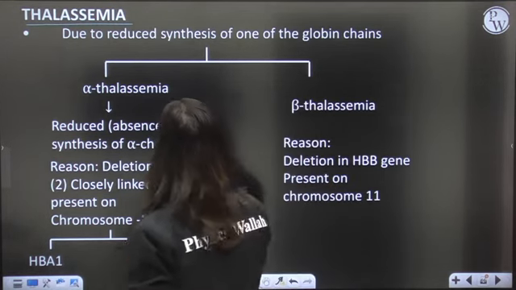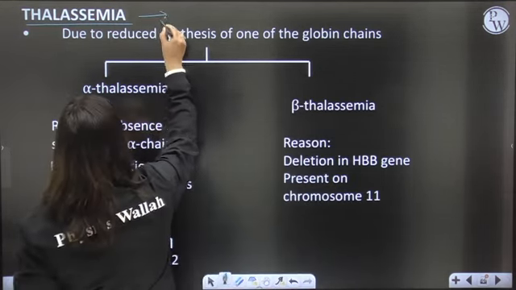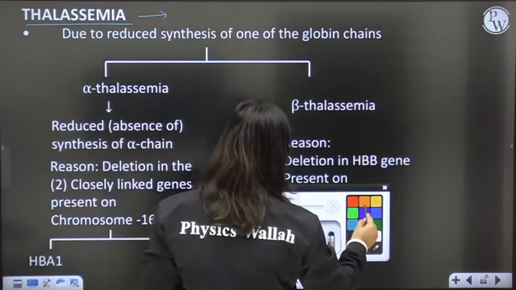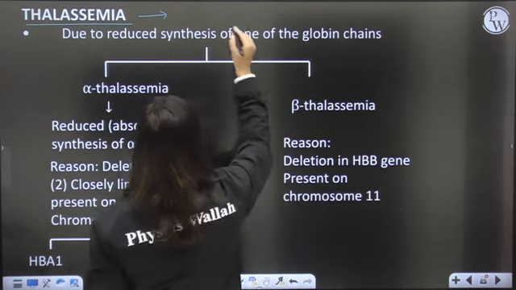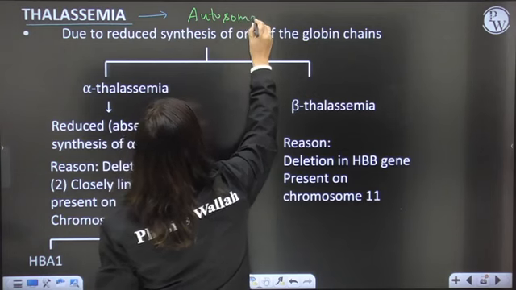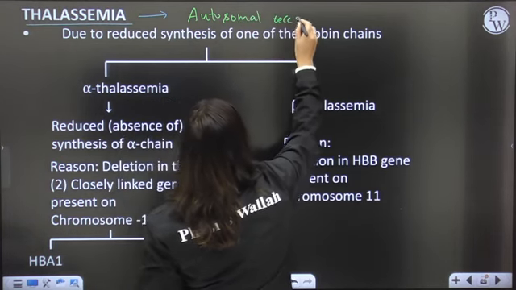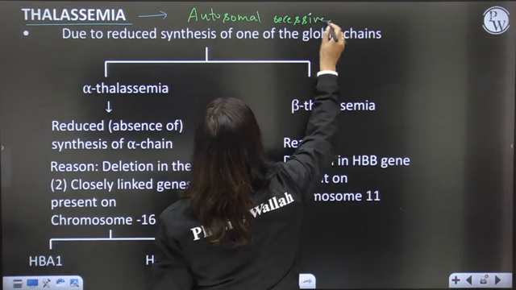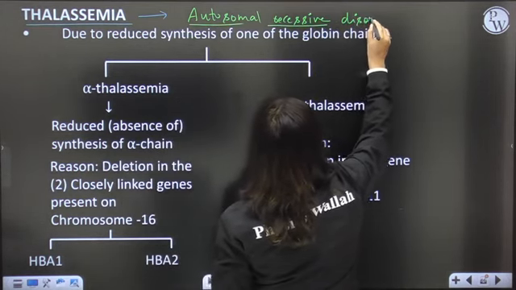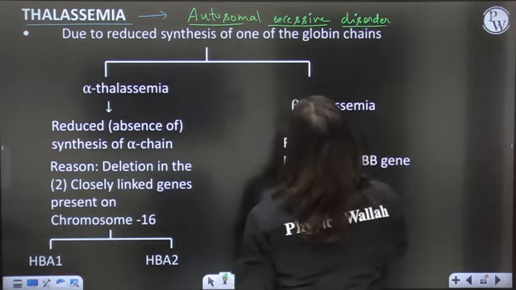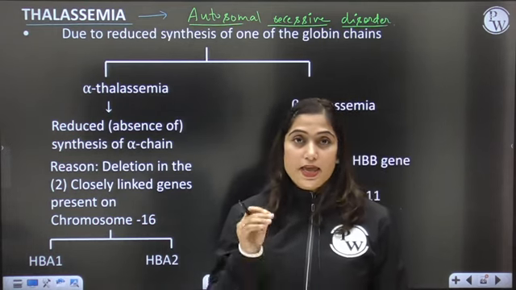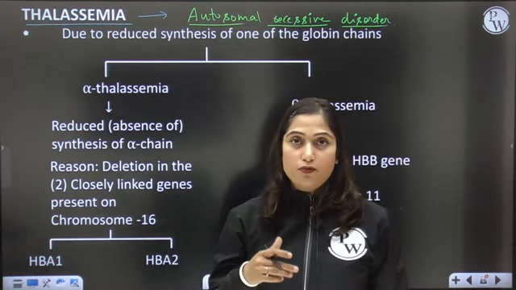Now comes thalassemia. Thalassemia is also a Mendelian disorder, but it is not a sex-linked trait or X-linked trait, it is an autosomal recessive disorder. That means it occurs when a gene becomes recessive on an autosome. What happens in thalassemia? We know that in RBCs, alpha chains and beta chains together form hemoglobin.